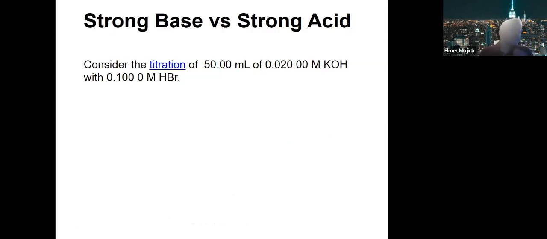So let's try to go with the classic strong base versus strong acid. Consider the titration of 50 ml of 0.02 molar KOH with 0.1 molar HBr. If you're going to look at the picture here, what is the titrant?